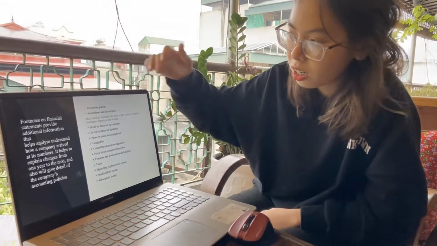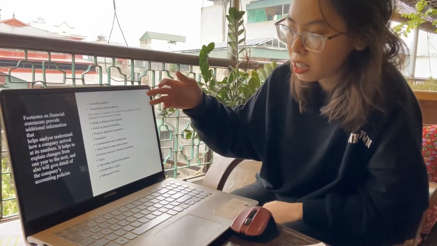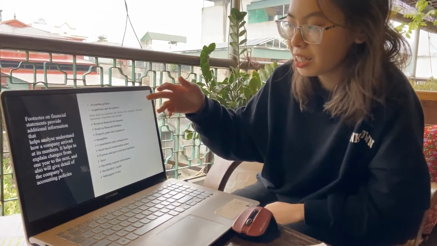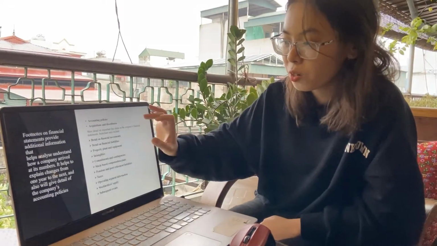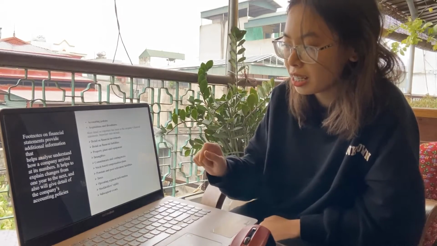The first is accounting policies, net acquisition, and the diverse detail: more detail on an important line item.